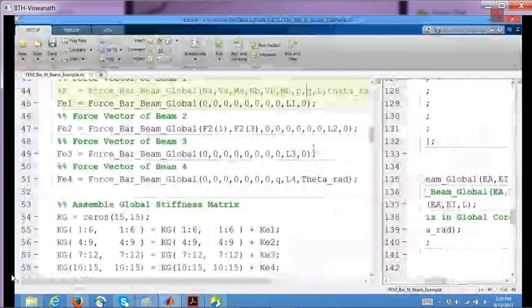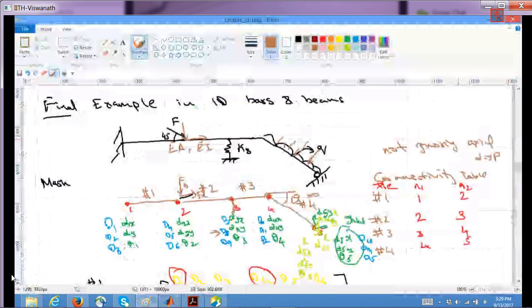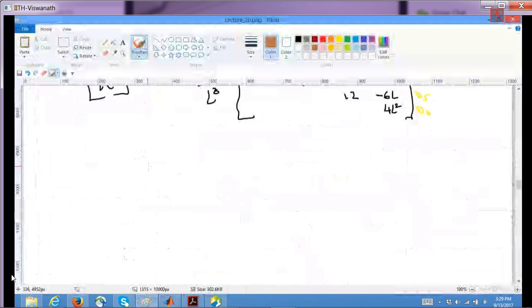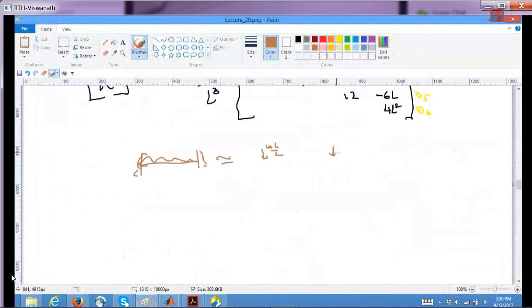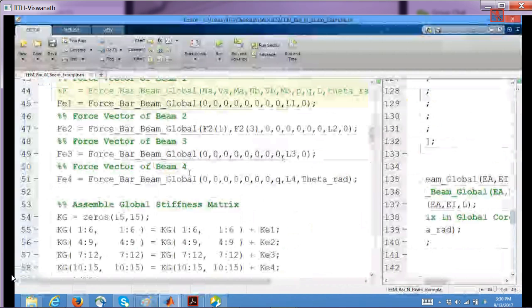We have already computed the consistent loading, which we have taken as WL by 2, WL square by 12, WL by 2, and WL square by 12. These are the equivalent loads.